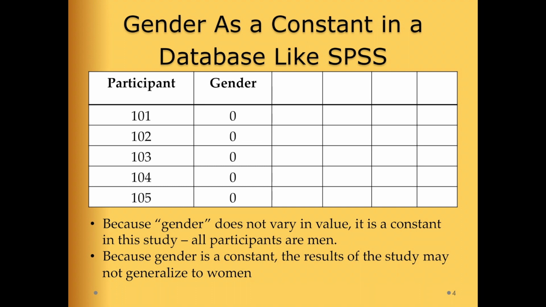Although this reduces error in a study, it limits the generalizability of the findings. In this example, the results of the study may not be generalizable to women. Because we can only do statistical procedures on variables, constants are not usually entered into a database.